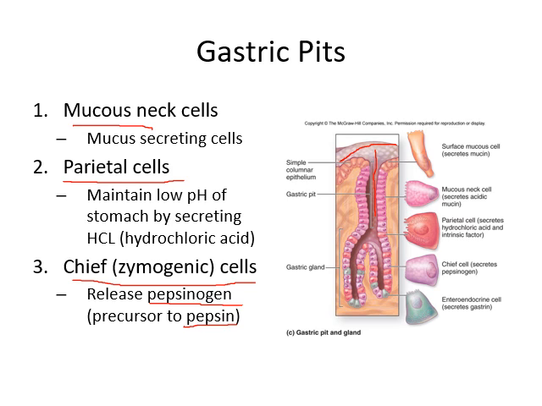So the cells make an inactive form called pepsinogen, and then when pepsinogen is secreted out into the stomach, the hydrochloric acid is going to aid in cleaving pepsinogen into pepsin, and now we can start breaking our proteins down, breaking those peptide bonds between the amino acids in the proteins.